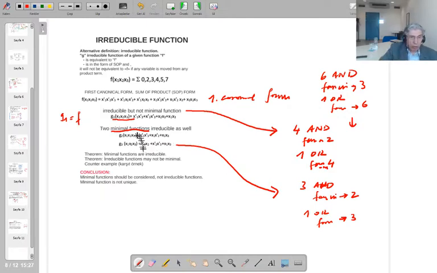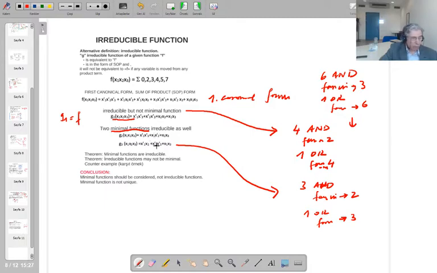Now, the other two functions here are the minimal functions. That means the number of product terms is minimal and the number of variables in each product term is minimal. So if you look at those two, they are equivalent. Which one do you prefer? The irreducible one or this one?